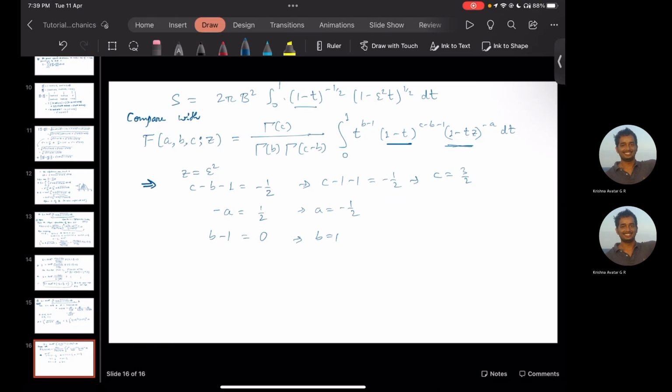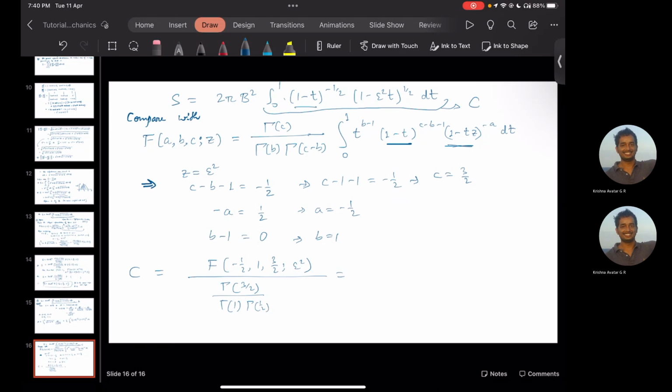So effectively our integral, I'll call it c here, is equal to f of a is minus half, b is 1, c is 3 by 2, and z is epsilon squared, divided by gamma of c, which is 3 by 2, and then gamma of b is 1, and gamma of c, this is nothing but half.